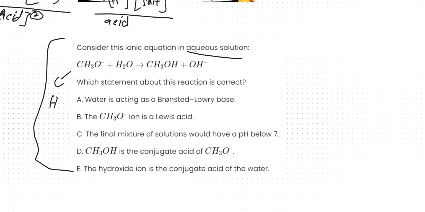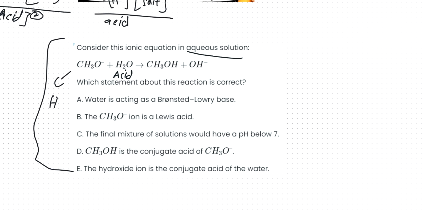Remember that when something loses a proton, it becomes a base. So in this case, water is acting as a base, because my bad, water here is acting as an acid, because it's giving one proton to this right here. And similarly, because CH3O minus is accepting a proton, you can see it accepted one hydrogen ion, it's acting as a base.